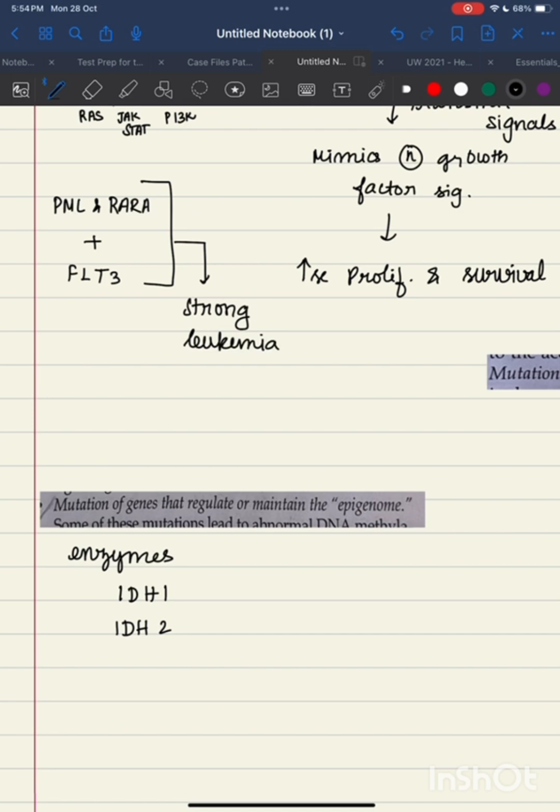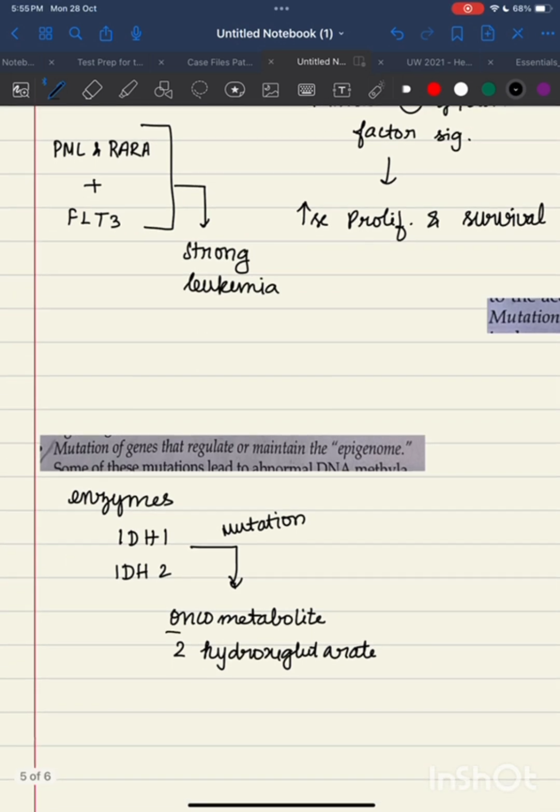If there is any mutation, it results in production of the oncometabolite 2-hydroxyglutarate.